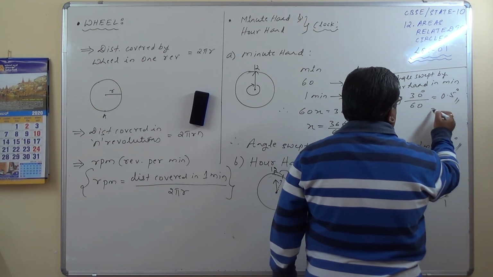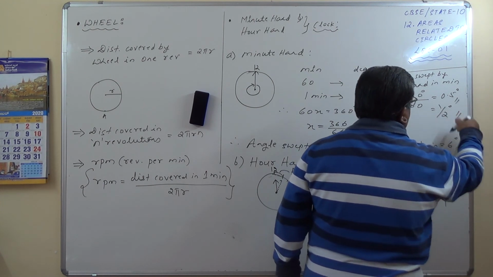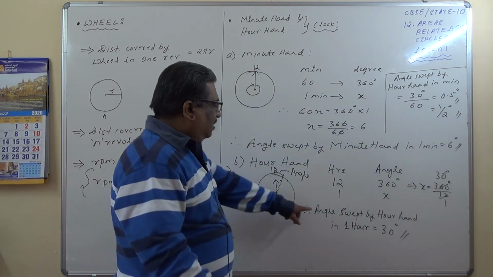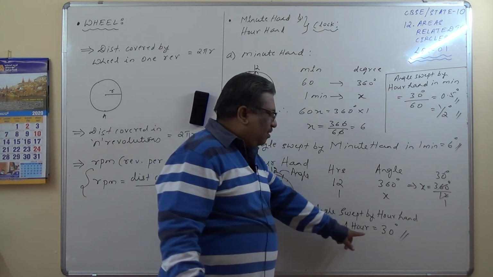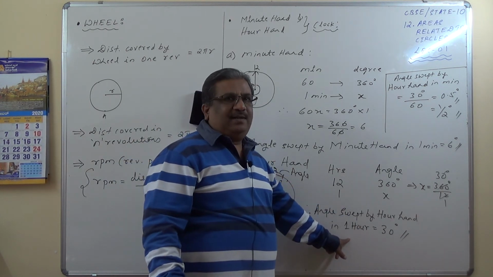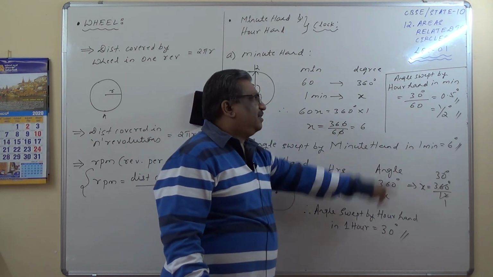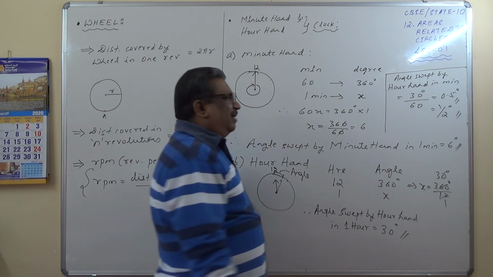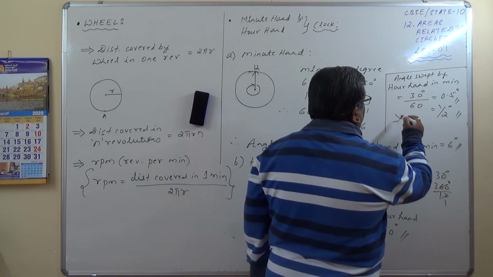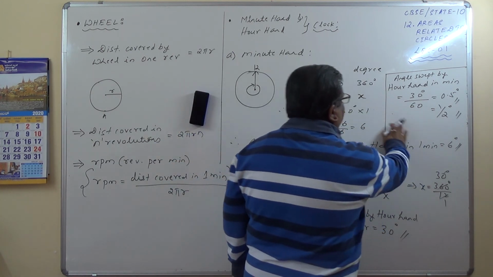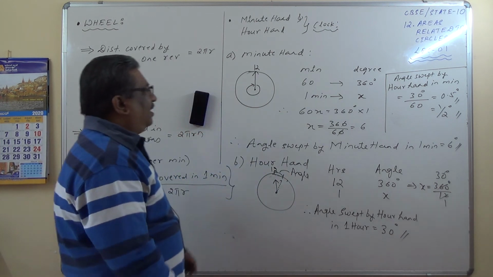You can say half degrees. How is that? In 1 hour 30 degrees. 1 hour is equal to how many minutes? 60 minutes. So in 1 minute angle swept by the hour hand is 30 by 60, half degree. That is not of much relevance, it's not required. Just keep it in for your information.